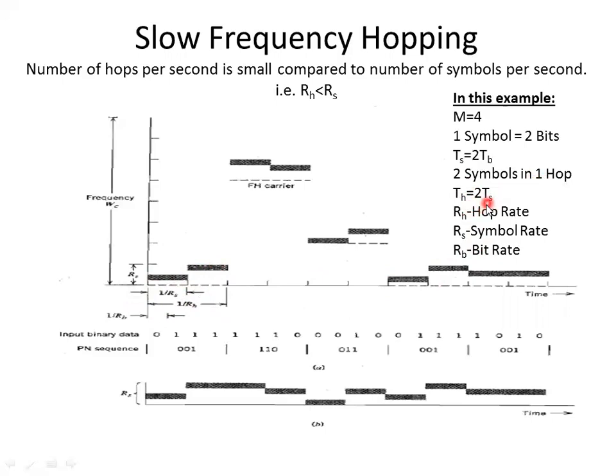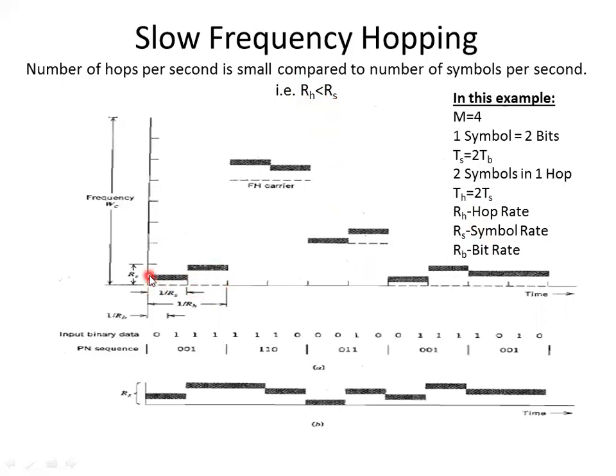TH is equal to 2 times TS. Because the hop duration is twice the symbol duration, the hop rate is half the symbol rate. That means it's an example of slow frequency hopping, where the hop rate is smaller than the symbol rate.